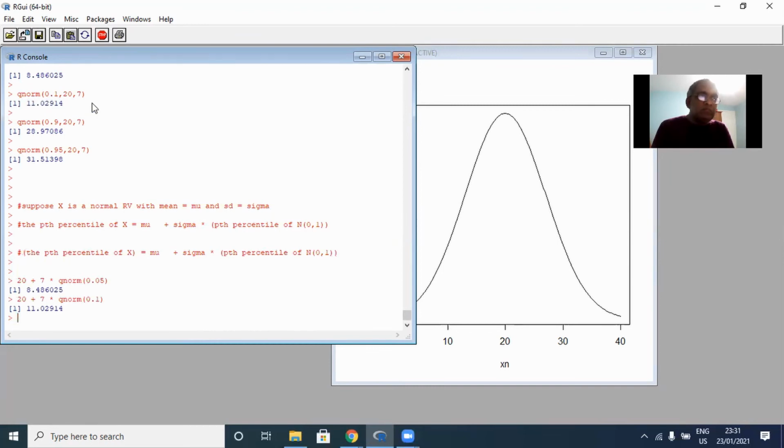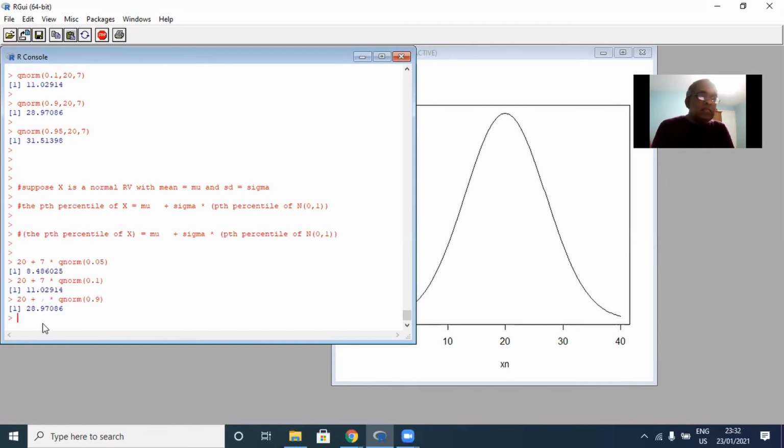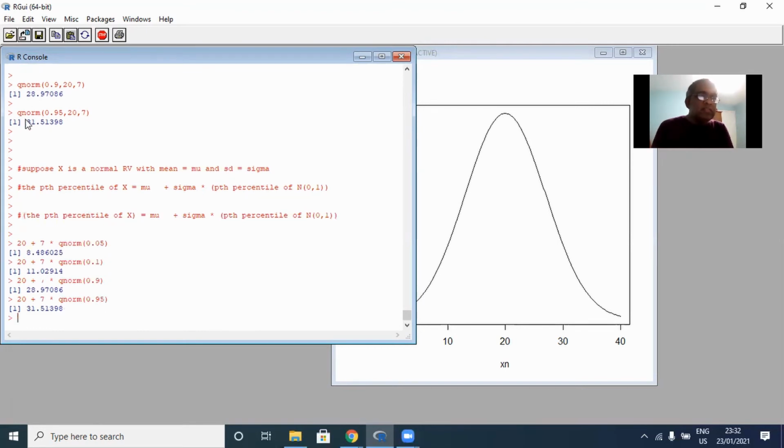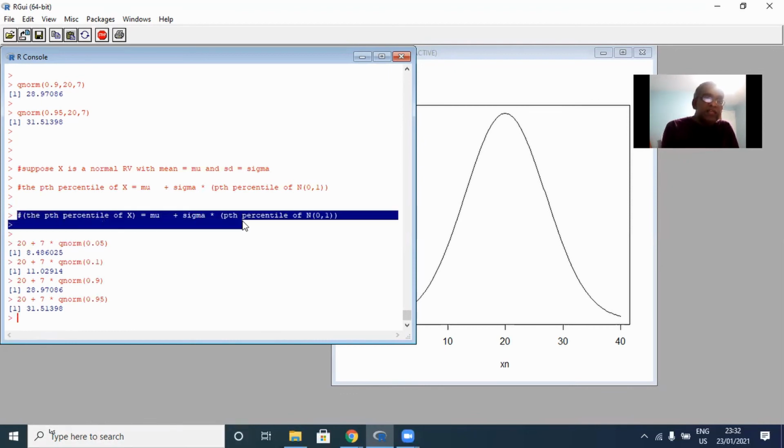For the third one, you change this to 0.9, and this is the same as what I got here. And finally, you change this to 0.95, and this is the same as what you got here. So this is another way of computing the percentiles of any normal variable with parameters mu and sigma, is to use this fact here, okay?